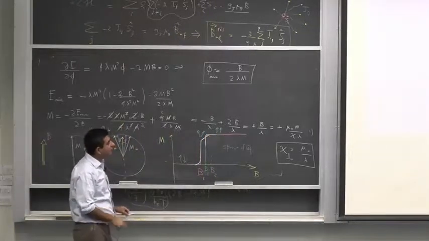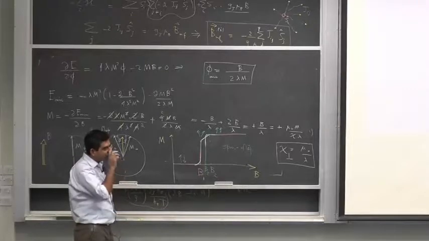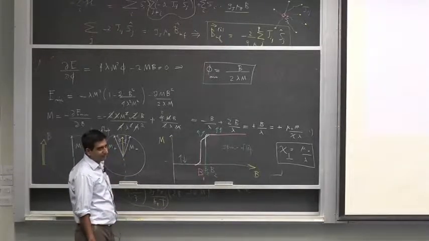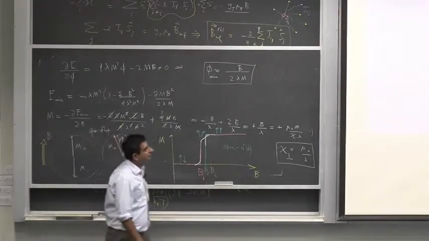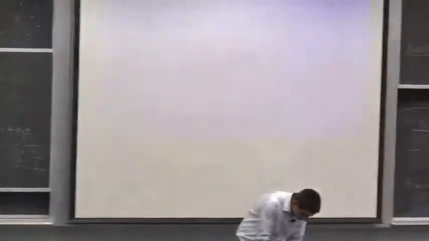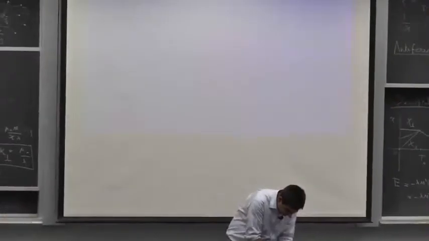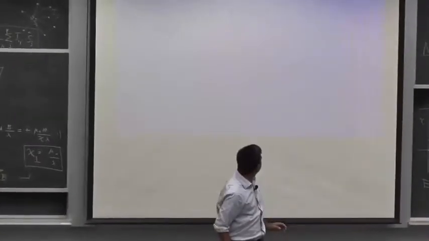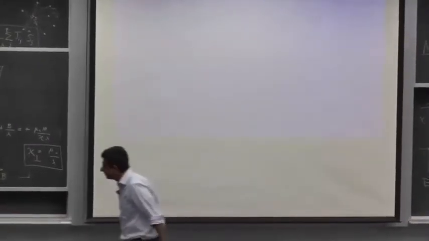Now, these kinds of metamagnetic transitions do occur in certain materials. Okay? So, in the last slides that I would like to show you, just two slides to show you an actual result from an article.